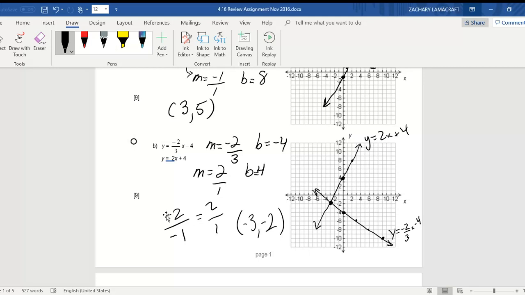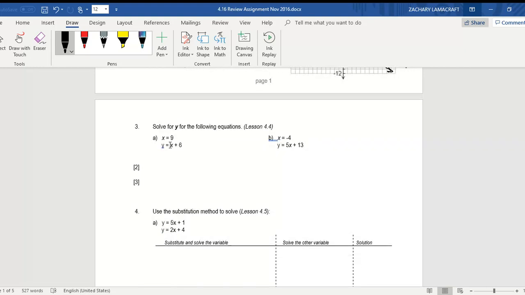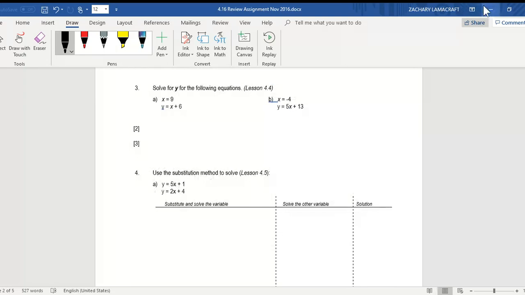Sweet. Okay, let's go over here to the next one. And in this case, we have solve for y in the following equations.